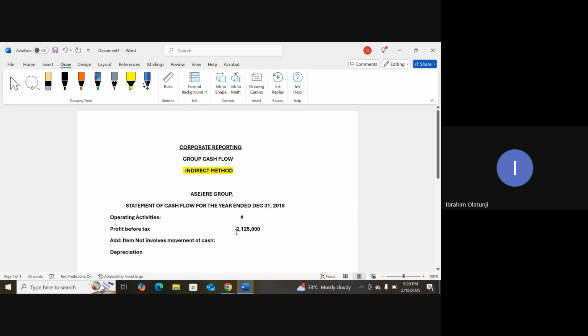You've already deducted depreciation while calculating your P or L in order to arrive at your profit, because depreciation is an expense. Then if you want to do the cash flow statement, you have to add it back. You have to add back the expenses that you deducted before you got your P or L.